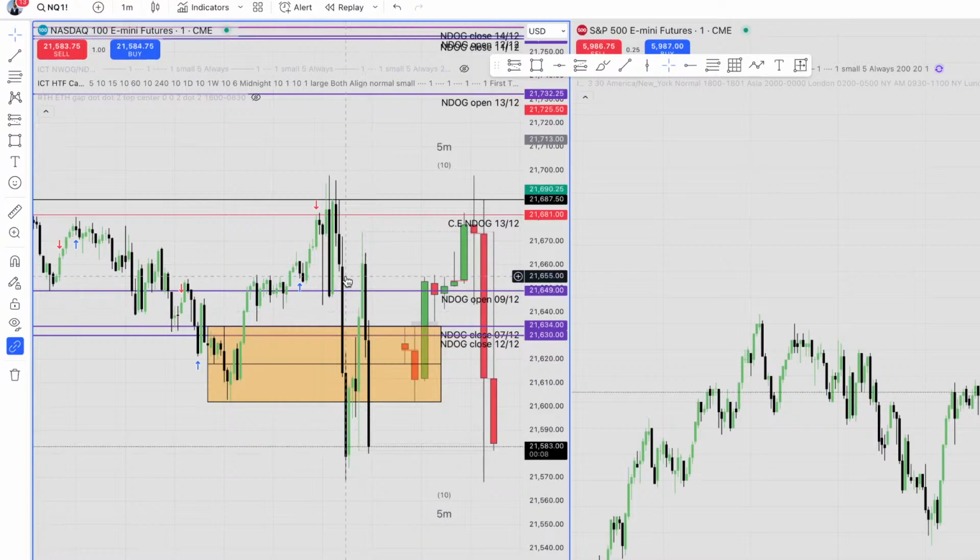You see, even this fair value gap, it closed above it, which could make it an inversion fair value gap, but then no, it just went down.